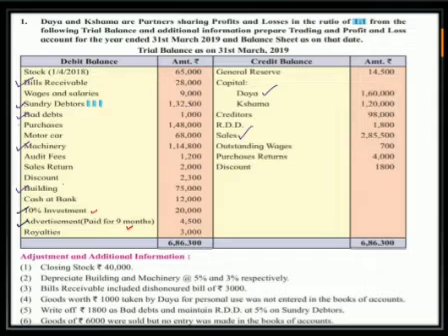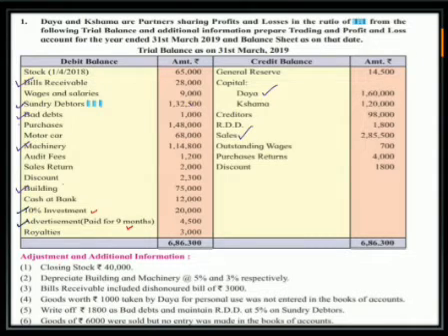It comes to 2,000. That 10% is an income for us, so we will credit to the profit and loss account interest on investment rupees 2,000, and the second effect will go to the balance sheet asset side. 10% investment 20,000, add interest on investment 2,000, so we will get the 22,000 total.